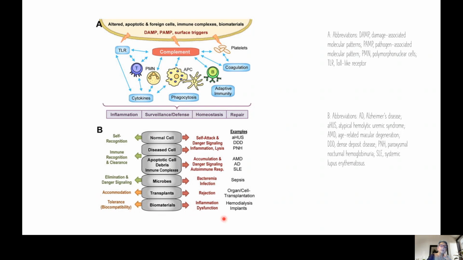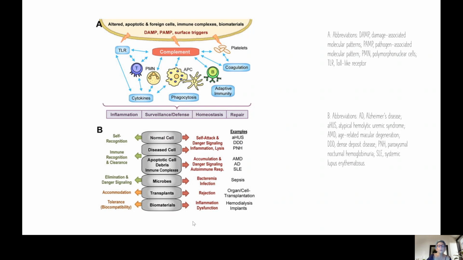But if they see it as super foreign, there could be a hyperstimulation of the immune system, and there could be problems with the dialysis implantations that are being used. So I think this was just a fun way to look at a variety of different ways in which our immune system is triggered, either in an effective way or an ineffective way.